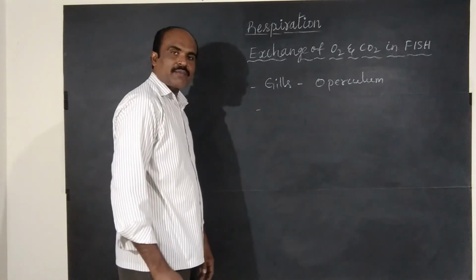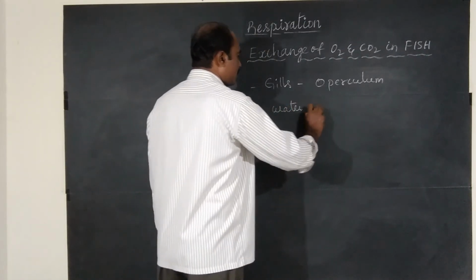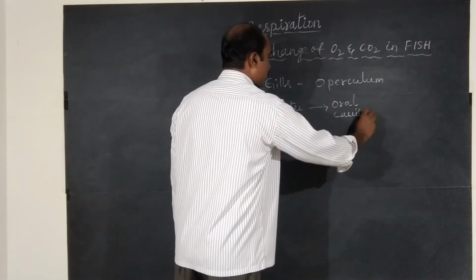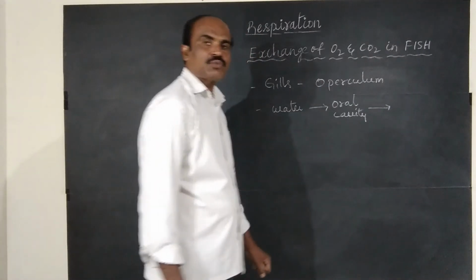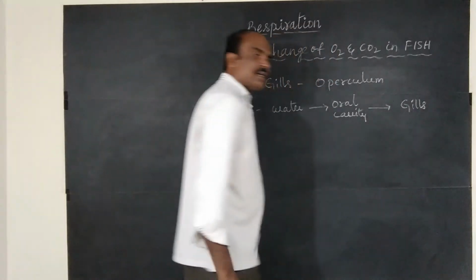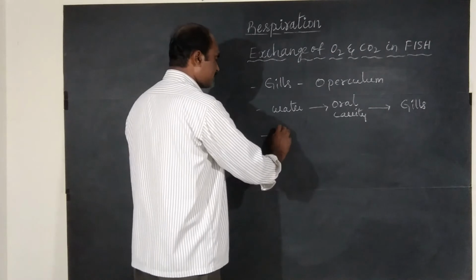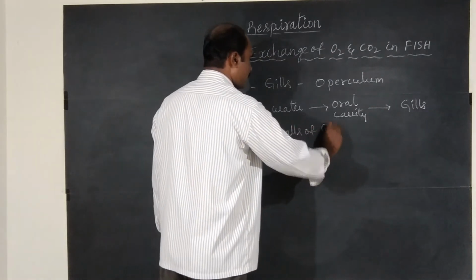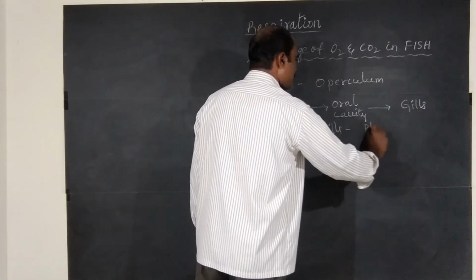Fish swallow water into oral cavity. From oral cavity, water passes over gills. The walls of the gills are richly supplied with blood vessels.